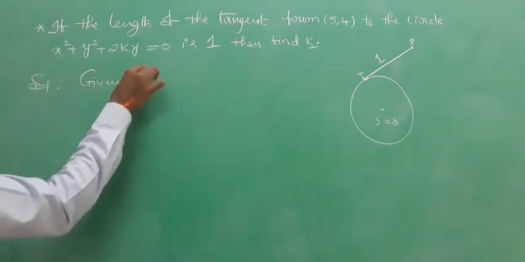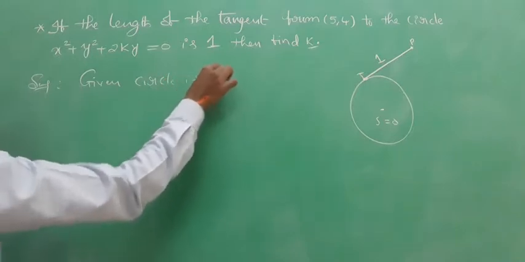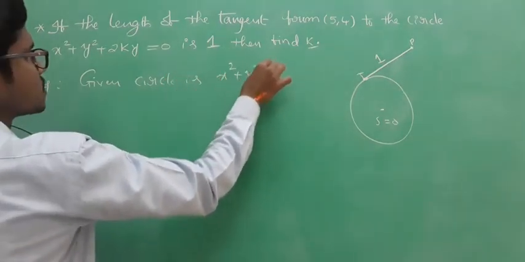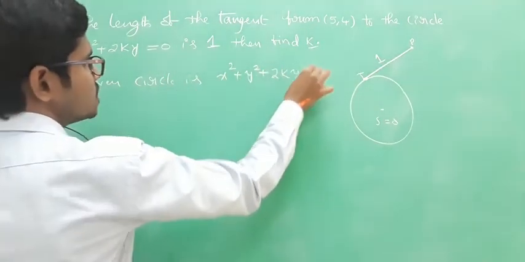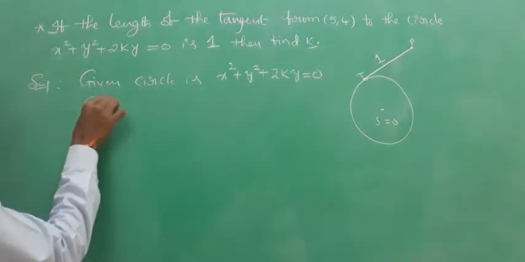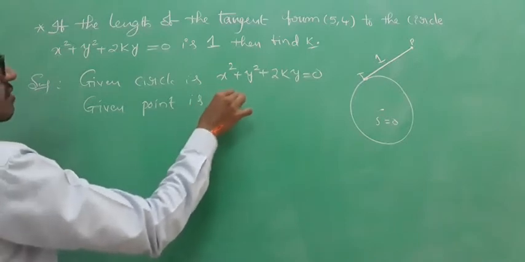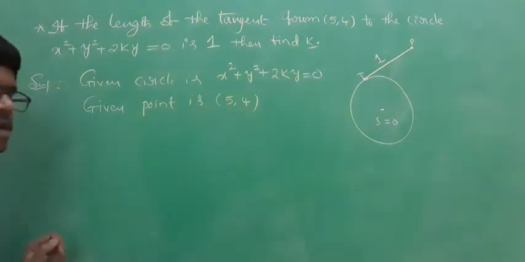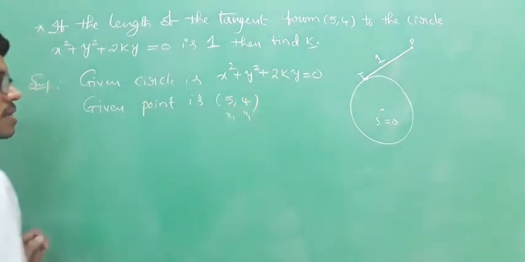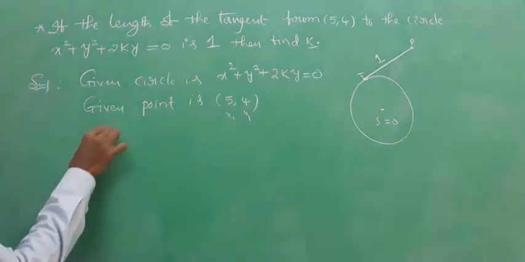The given circle is x square plus y square plus 2ky equal to 0, and the given point is (5, 4), that is x1, y1.